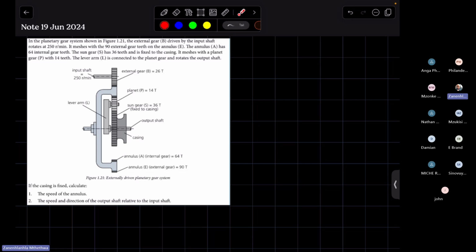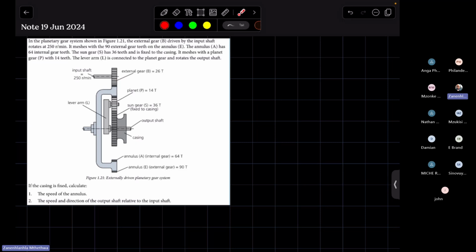So this external gear isn't necessarily part of the epicyclic gear system. So in tabulating your information, you wouldn't tabulate this external gear.